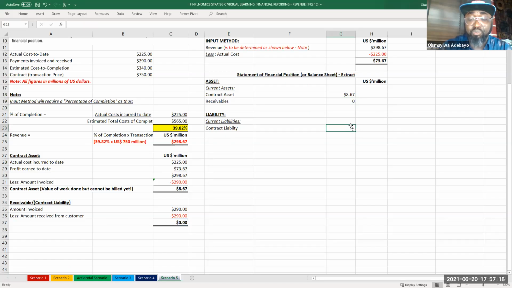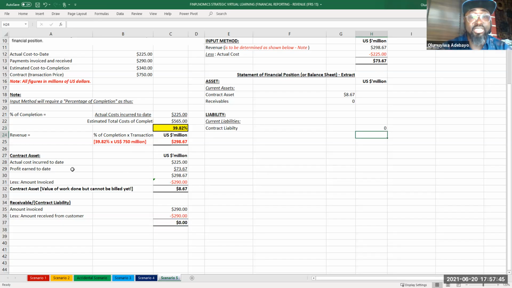And for contract liability, if this is greater than equal to 0, return 0, otherwise return, what is here? Negative of what is there.